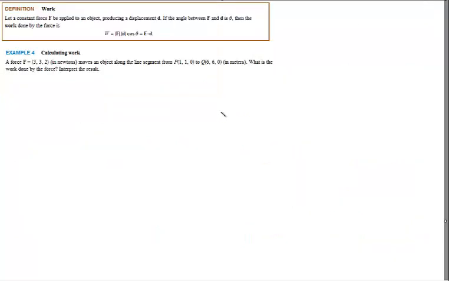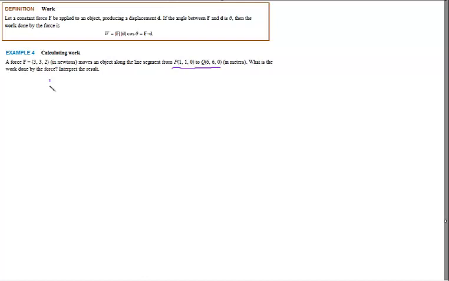We began our lecture in this section talking about work, and how work was just the dot product of force and displacement, so I need the displacement. If they're asking me to find the work, I'm going to need to find that displacement between these two vectors.